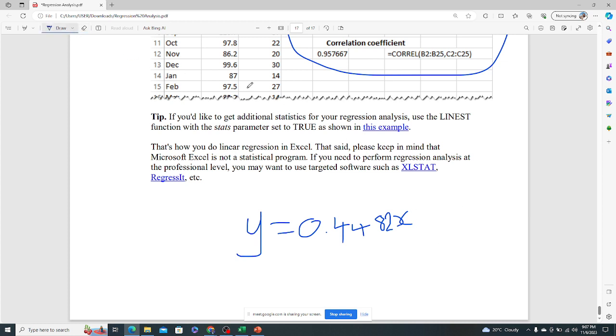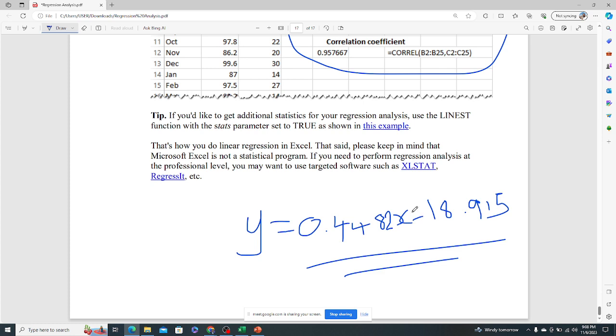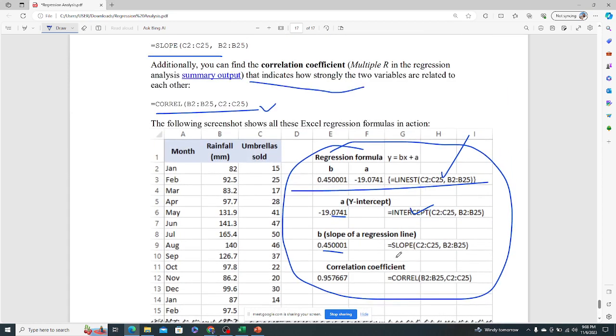In this case it will be minus 18.915, and this will be our model, because now, given future values of x, we can calculate and predict our y.